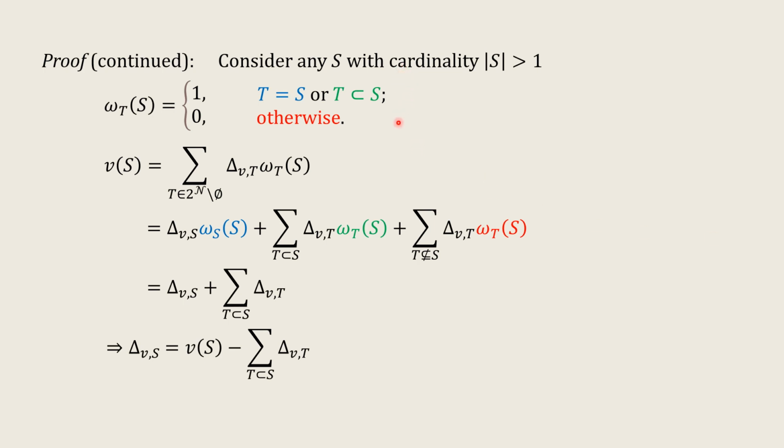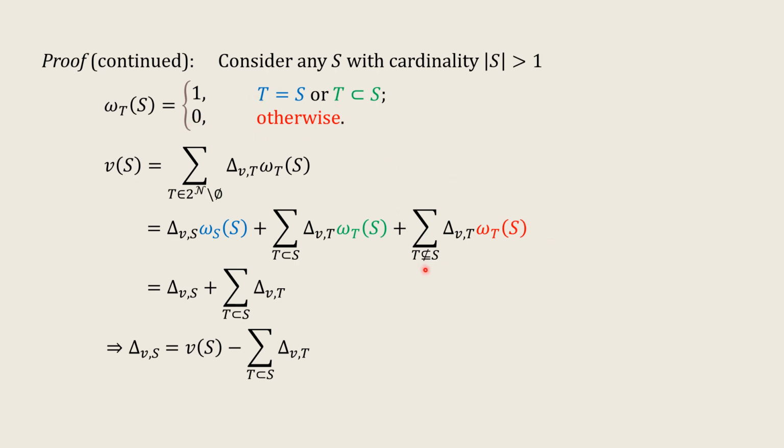So now let's exploit these values here. Omega SS, when T equals S, we know that this is equal to 1. And when T is a proper subset of S, again, we know that omega T of S equals 1. But when T is not a subset of S, in that case, omega T of S equals 0.